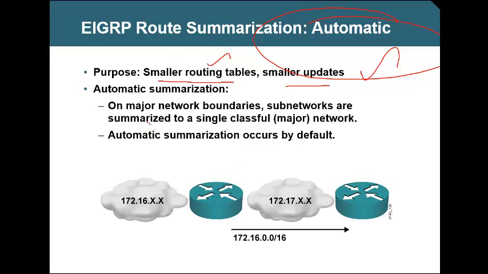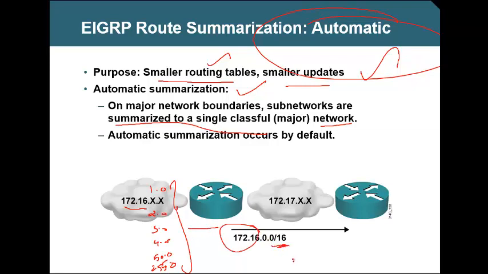As I said, EIGRP does the summarization to a classful network. For example, if you have 172.16.1.0, 2.0, 3.0, 4.0, 5.0, many, up to 255.0, let's say, all these 255 networks can be summarized to the classful /16 boundary.